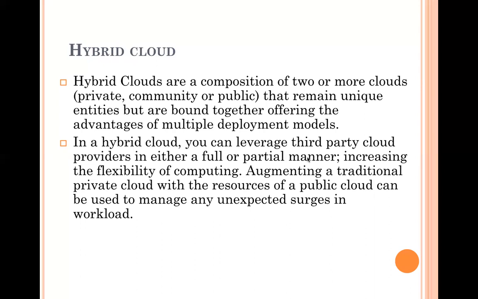Private cloud provides services to one organization only. But if sometimes more organizations want to share a cloud, suppose four to five organizations want to share the same cloud, then they can use the community cloud.